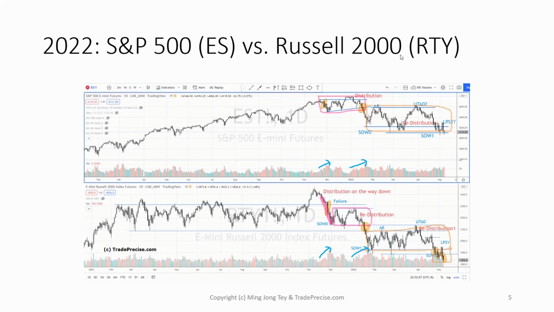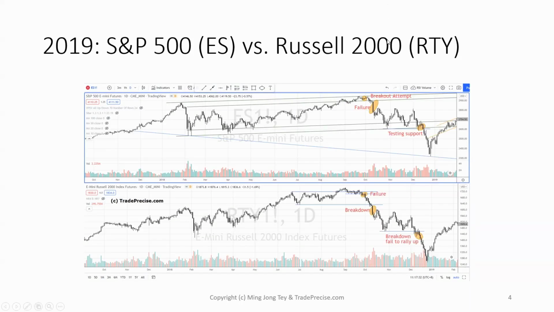So let me quickly go back to this 2019 chart. Look at this portion compared to this. How does that look? Breakdown, inability to rally, and then sell off, while S&P 500 is still testing the support area.